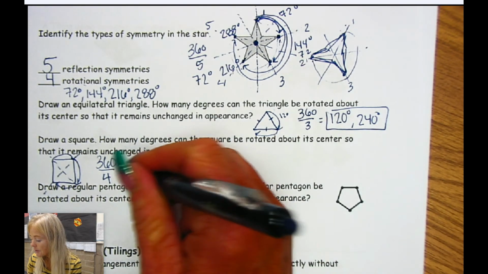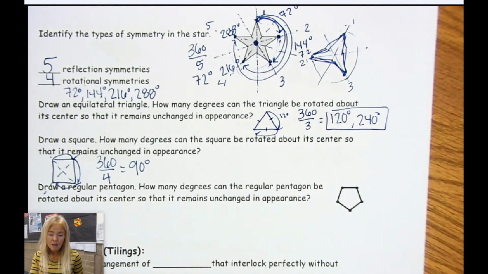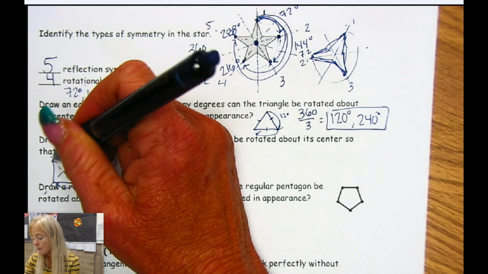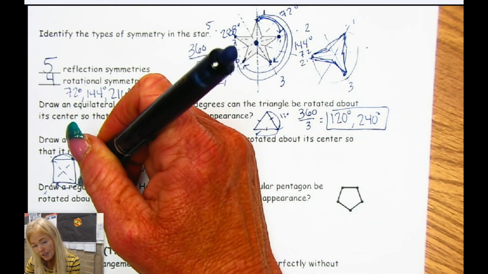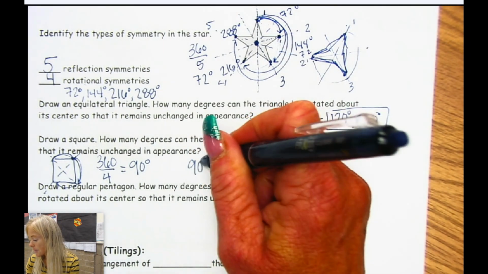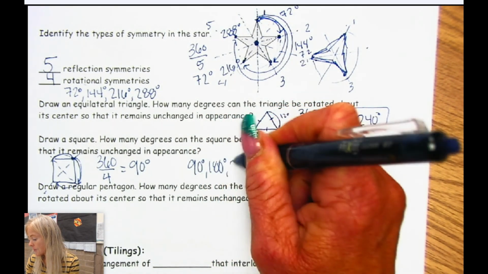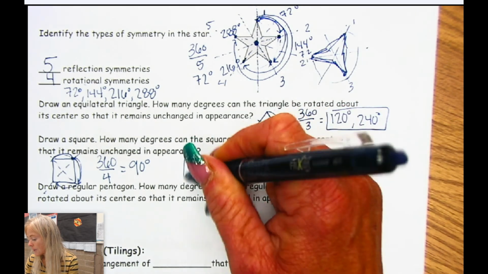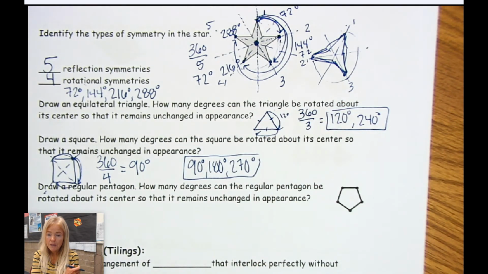Each of those rotations covers 90 degrees. So we start here, we go 90, and then another 90 would be 180, and then another 90 would be 270. So 90, 180, and 270 are the 3 rotations, or the degrees, that the square can be rotated about its center and remain unchanged.